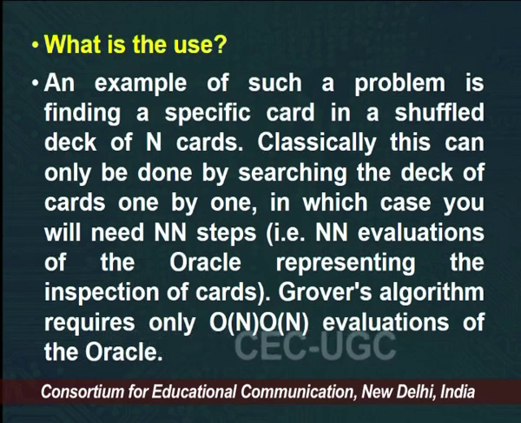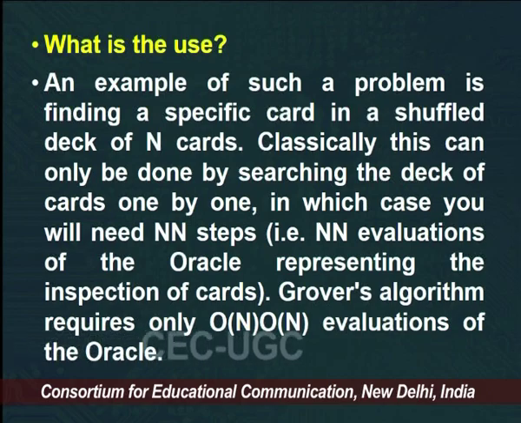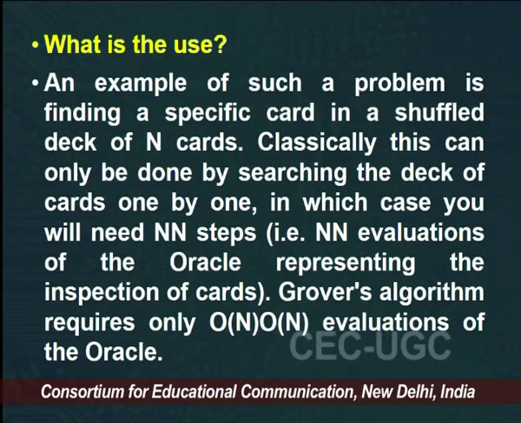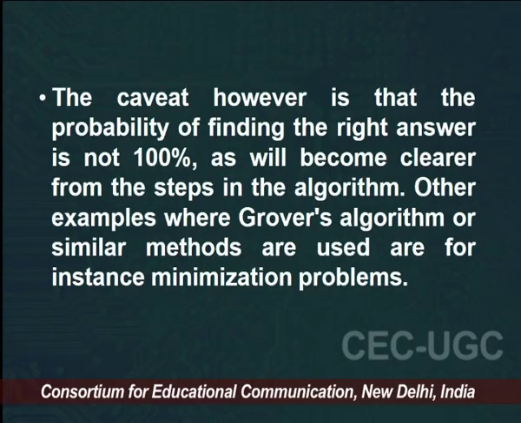this algorithm, we do not need n steps, but about the square root of n evaluations of the oracle representing the inspection of the card. So, we can use the Grover algorithm for the evaluation of this series.